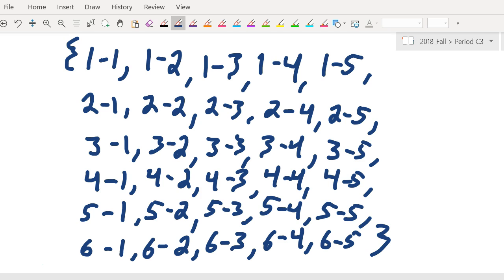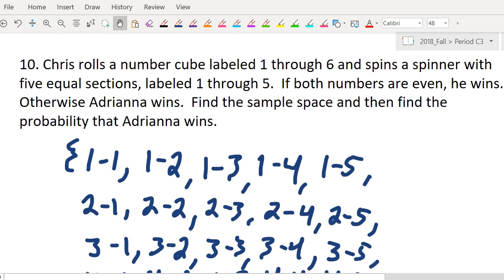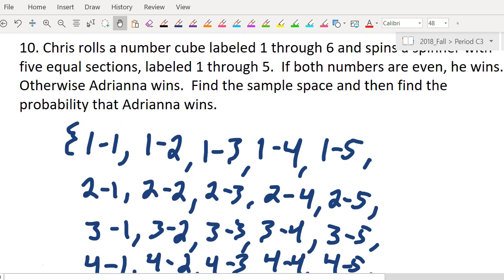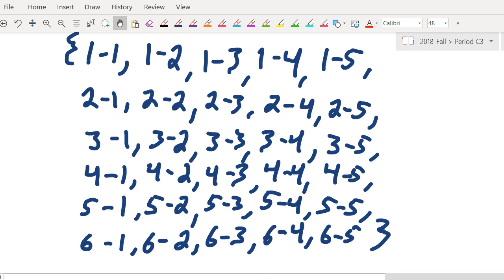We already did. Okay. So let's look at this. Now that we do have it written, if both numbers are even, let's see how many of those there are. Well, it's not going to be any in the first row. It's going to be 1 here, 1 here.